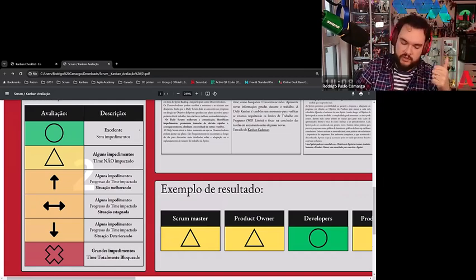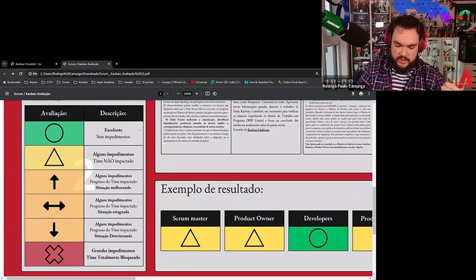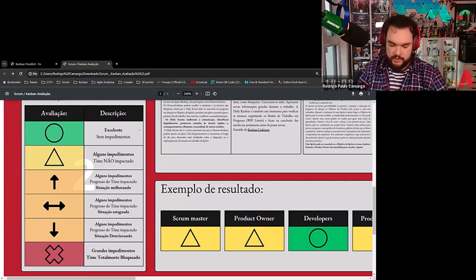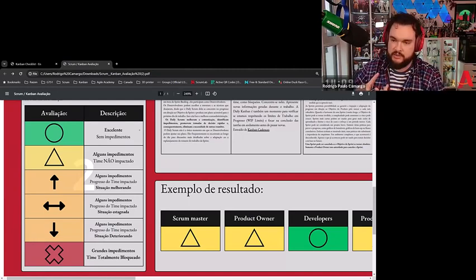If you are green, you are excellent, no impediments. Until red, which is big impediments, completely blocked. The thing is completely blocked. And then the orange ones that have an arrow: if the arrow is up, there are some impediments, the thing is impacted, but the situation is getting better.